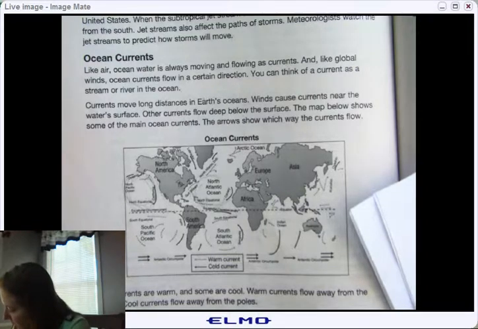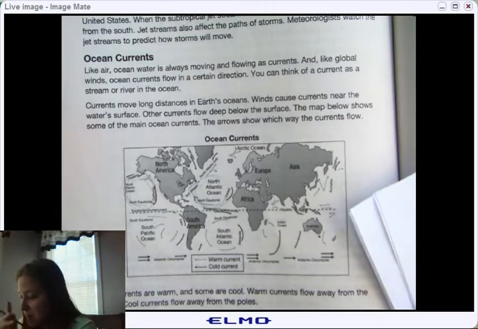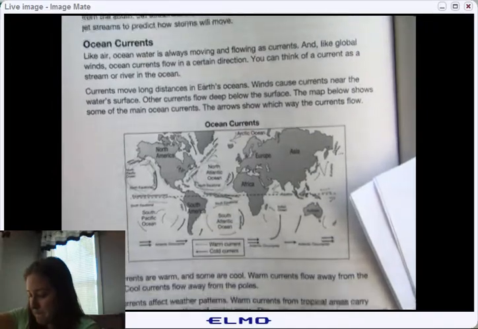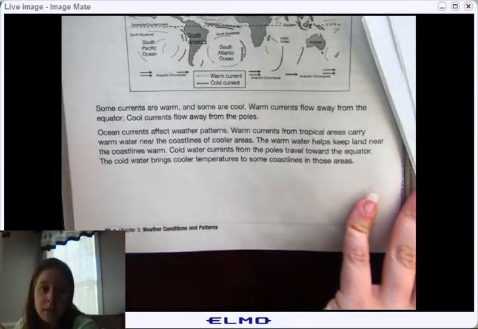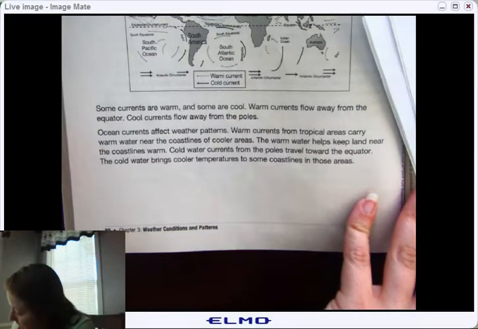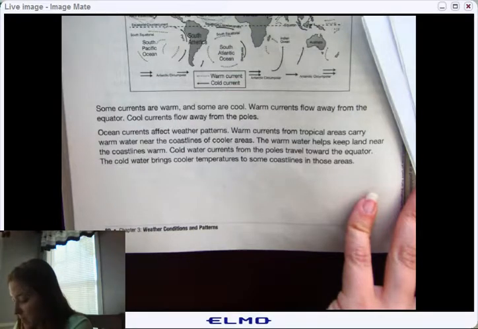Some currents are blank and some are cool. Down here. Some currents are warm and some are cool. Warm currents from blank areas carry warm water near the coastlines of cool areas, keeping land near the coastlines warm.